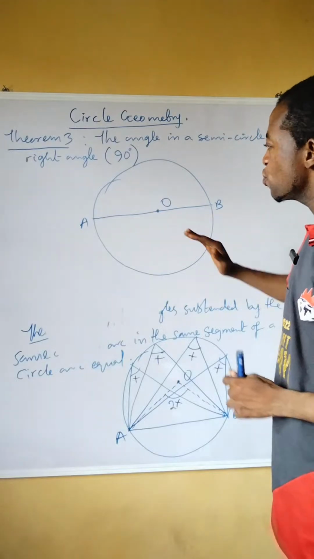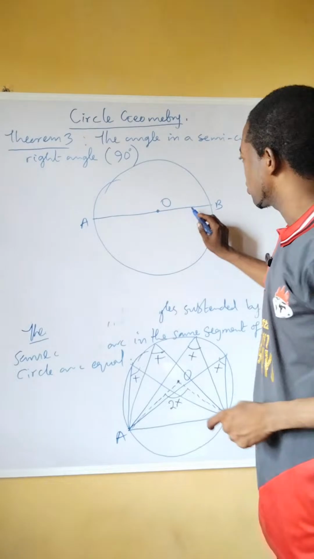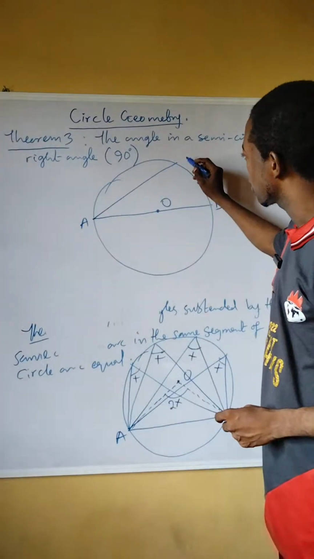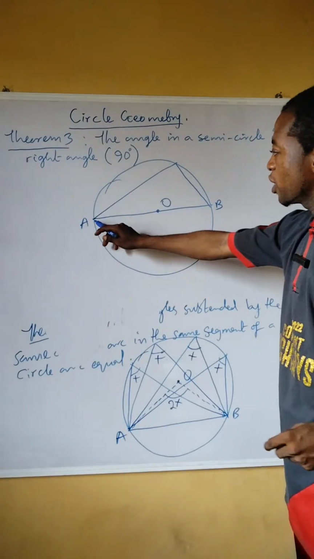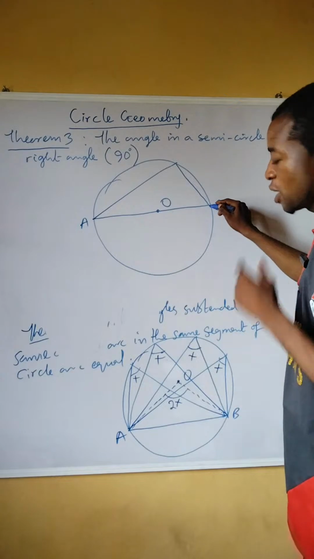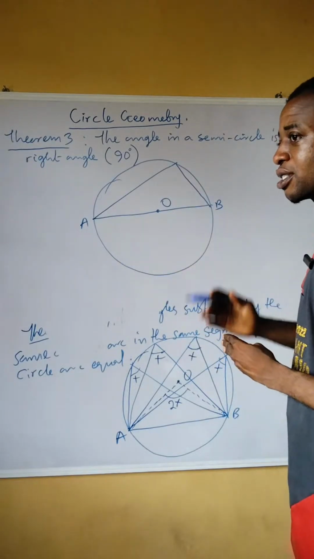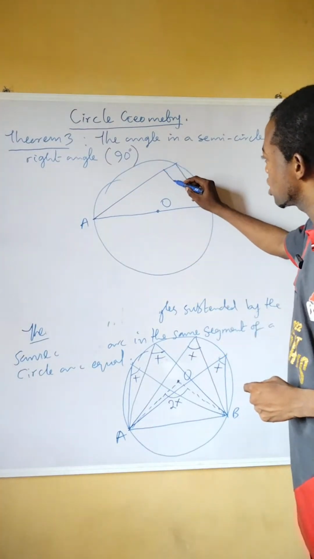Now, consider the angle obtained by this diameter in one part of the circle. If you have it like this, formed by this, one leg is coming from A, the other leg is coming from B. What the theorem is saying is that this angle is a right angle. This angle is 90 degrees.